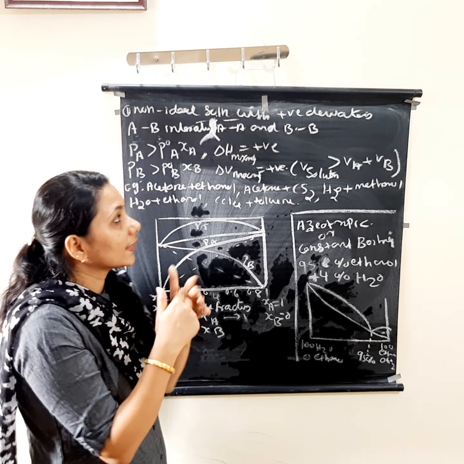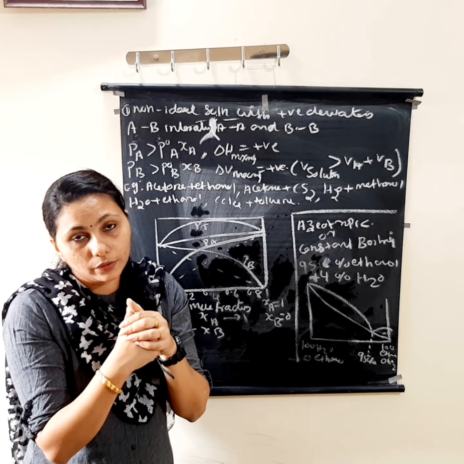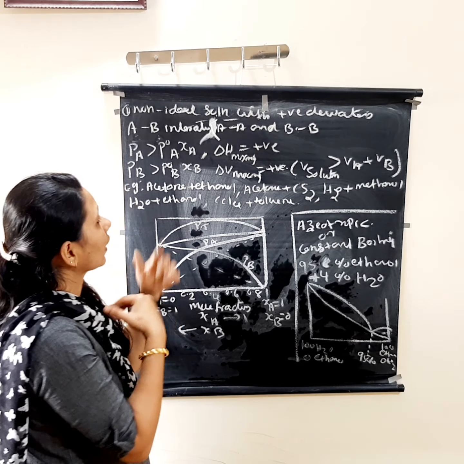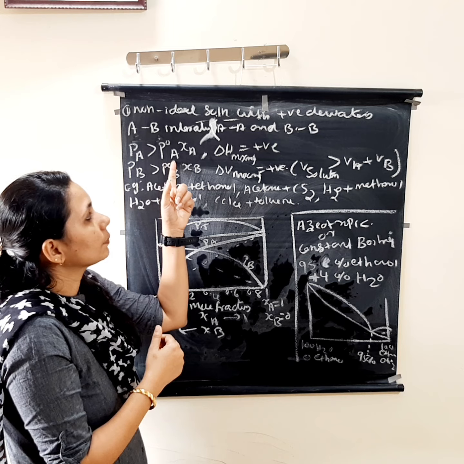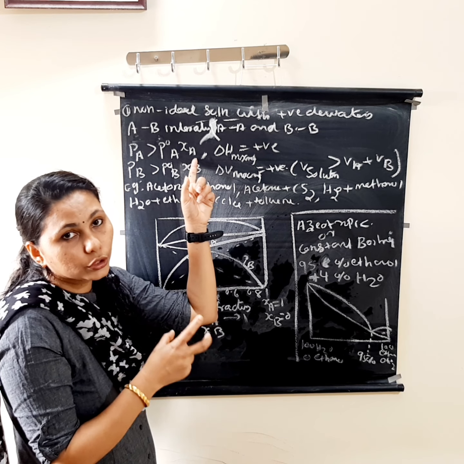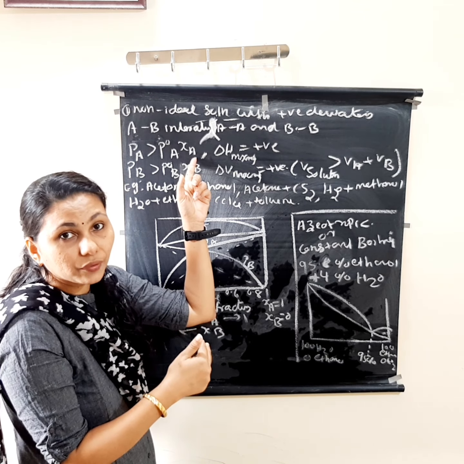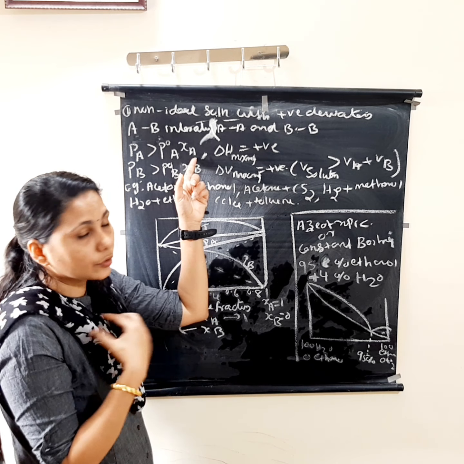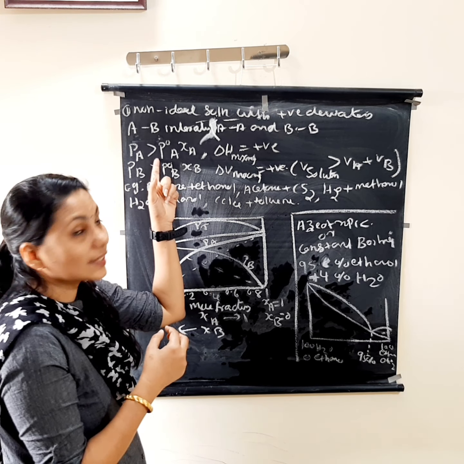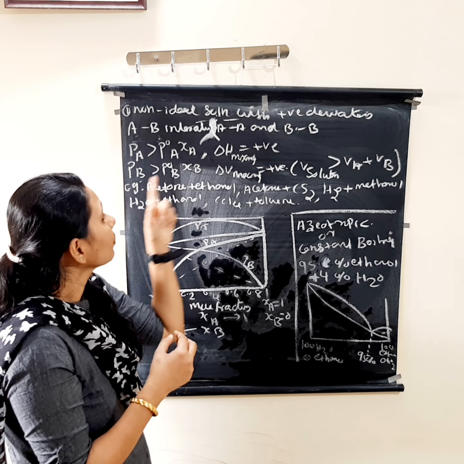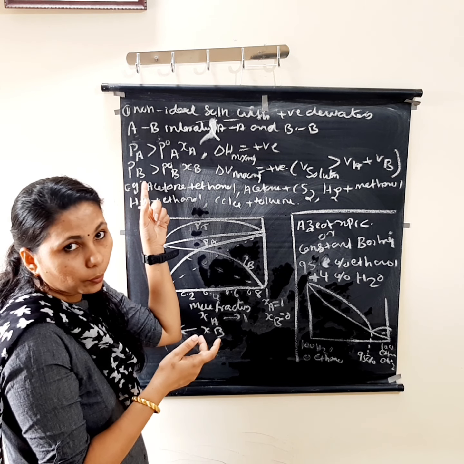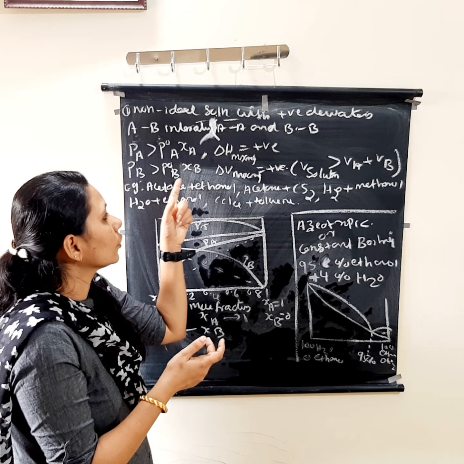Okay, so what are the characteristics of positive deviation showing solutions? PA is greater than P0A XA. We know according to Raoult's law, PA equals P0A XA. They are deviating, with positive deviation. So PA is greater than P0A XA, and for the B component, PB is greater than P0B XB.